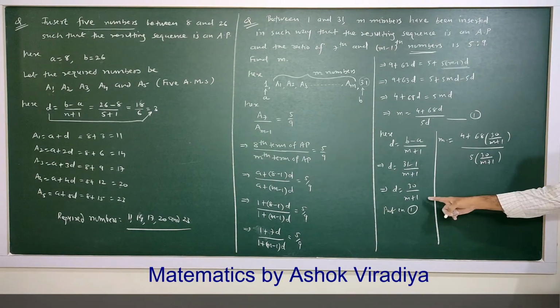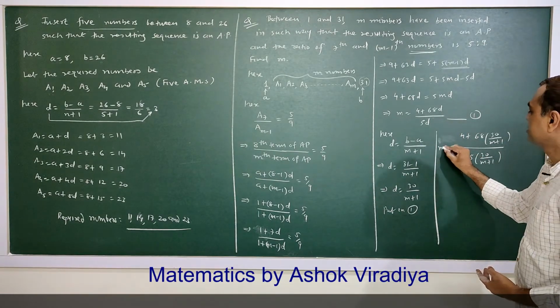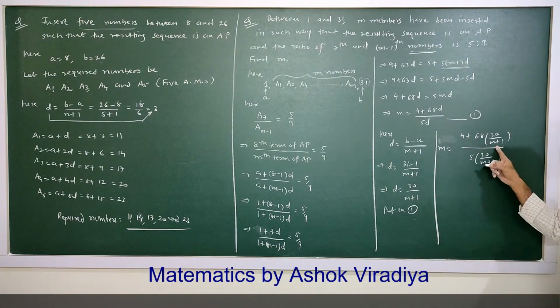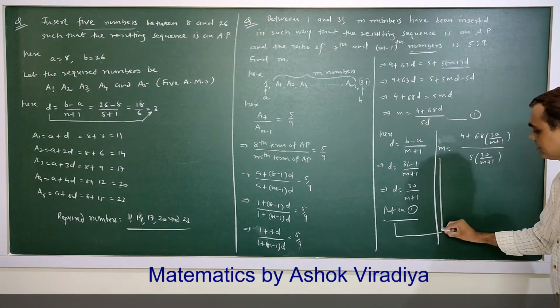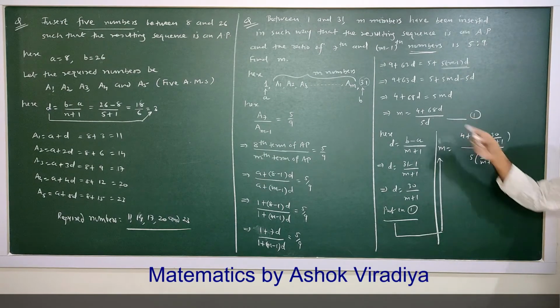D is 30 upon M plus 1, it is taken in equation 1. So, putting in equation 1, we are getting the value of M.